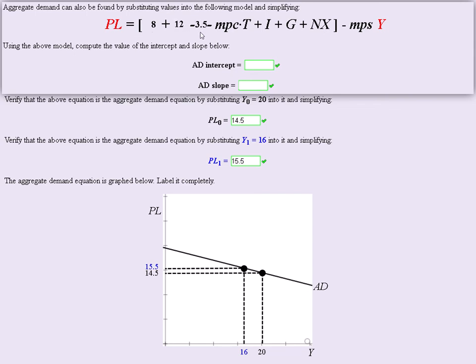The real rate of interest was 3.5. The marginal propensity to consume was 0.75. Taxes were $3 trillion. Investment was $2.75 trillion. Government spending was $3 trillion. And net exports was a negative 0.5. And that gives us an intercept of 19.5, which is exactly what we had before. And the slope is a negative 0.25.